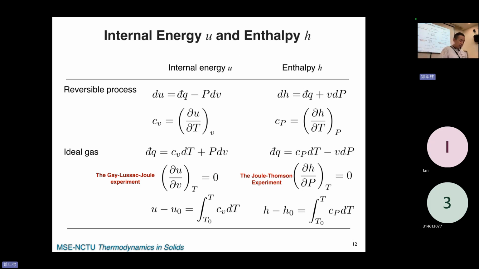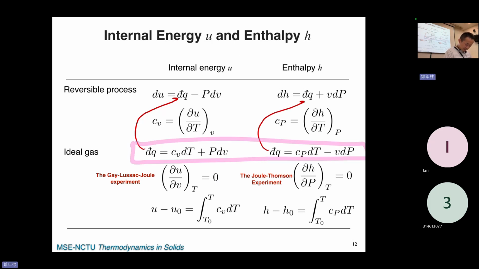I want to remind you of internal energy U and enthalpy H. This page is actually something we introduced last time, at the beginning of last time, right? Remember this equation, the pink highlight before.